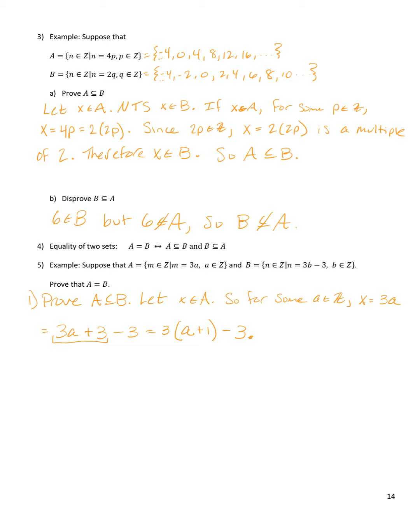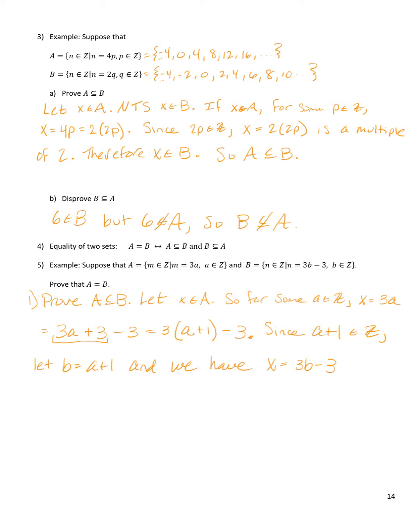And a plus 1 is an integer. Since a plus 1 is an element of the integers, let b equal a plus 1, and we have x equals 3b minus 3, 3 times an integer minus 3, where b is an integer.